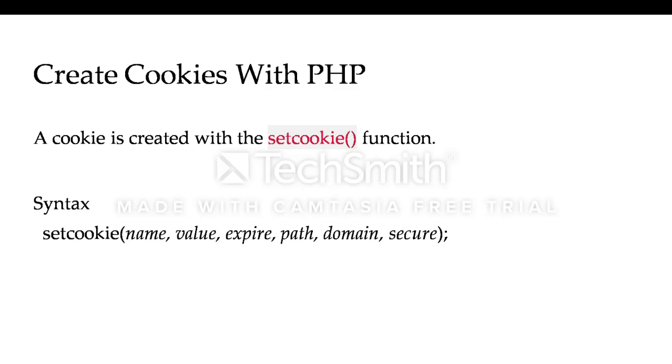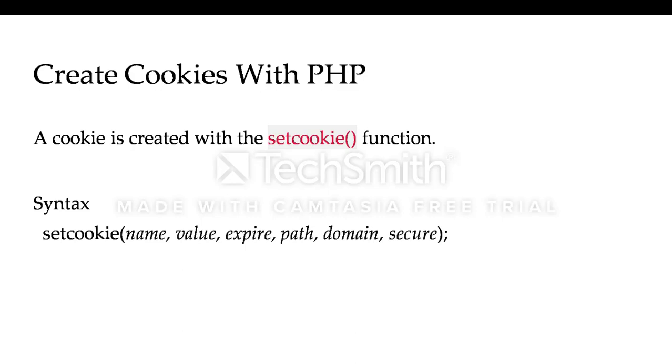Let's say if we want the cookie to be valid for 1 hour, we have to give it in seconds. For 1 hour we have to give 3600 seconds. And if we do not give this parameter, the cookie will be automatically deleted when the browser is closed. But if we give the parameter, the cookie will be valid up to the time we have given.